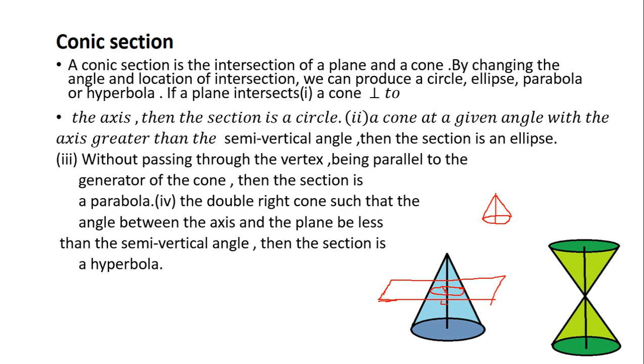So this line is known as the generator of the cone. This slant height is also known as the generator. If the plane cuts the cone in such a way that it is parallel to this generator, then the section is the parabola.